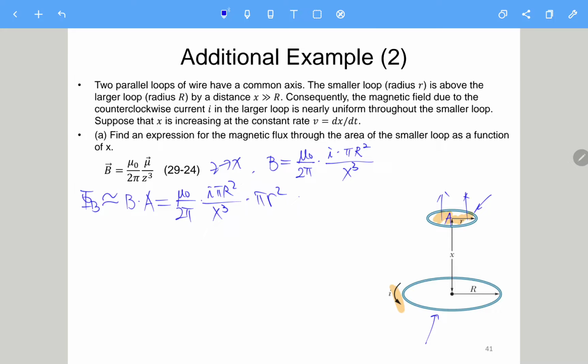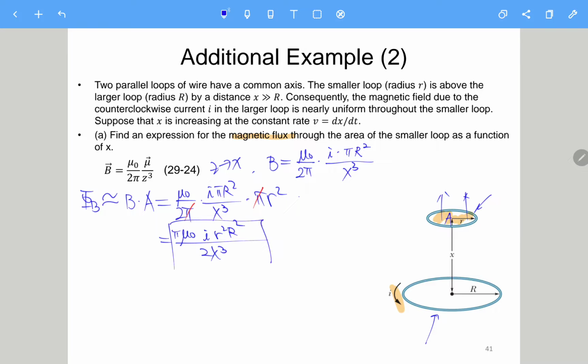Then we can cancel the pi, and write it like pi mu 0 I small r squared capital R squared over 2x cubed. This is the magnetic flux for this question.